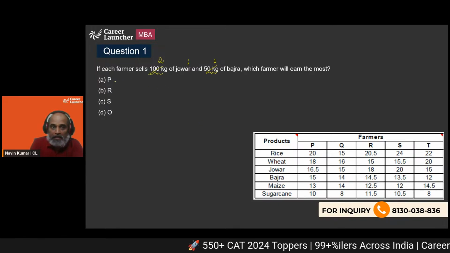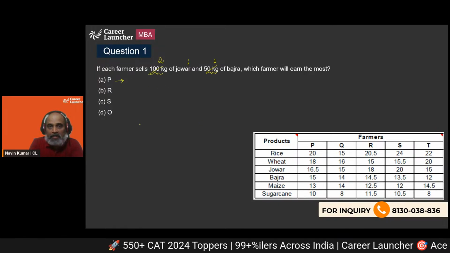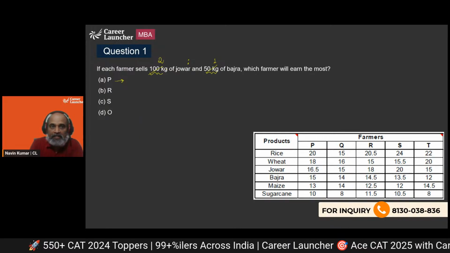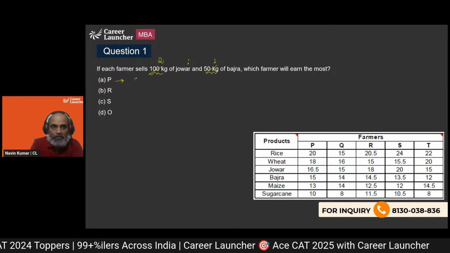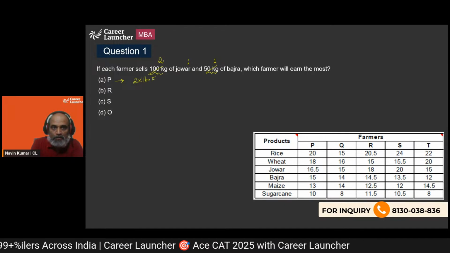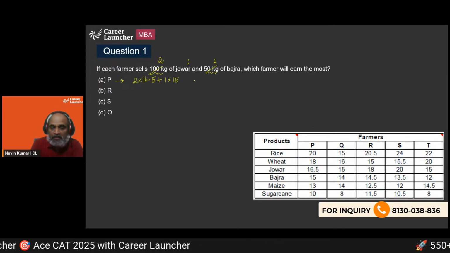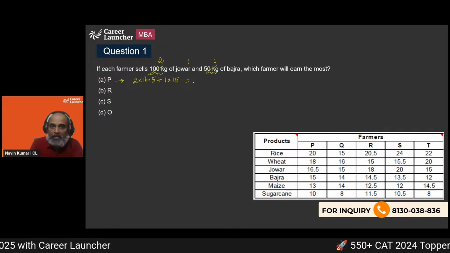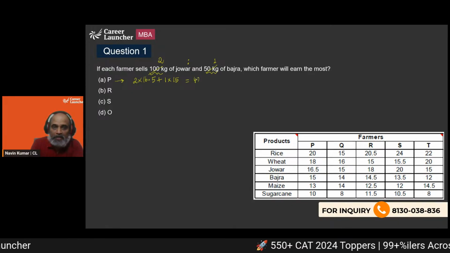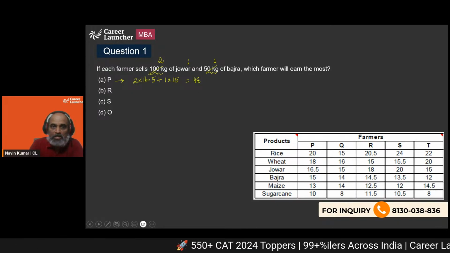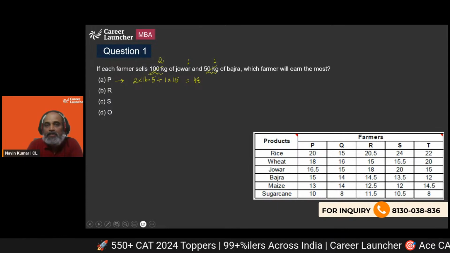So for P, the amount of money he's going to get is 2 kg of jowar, which is 2 times 16.5, plus 1 kg of bajra, which is 1 times 15. So 2 times 16.5 is 33, and 33 plus 15 is 48. So instead of taking 150, I'll take 2:1.